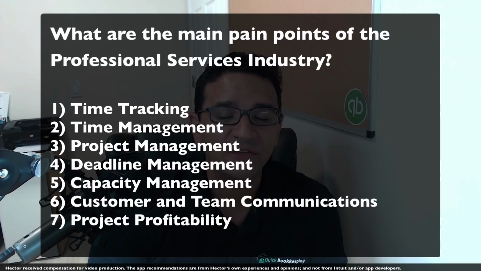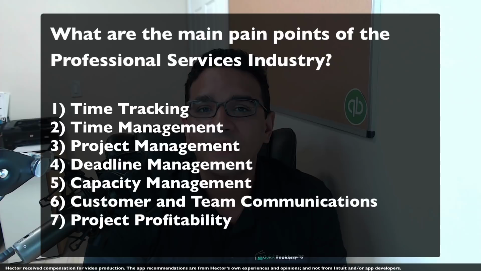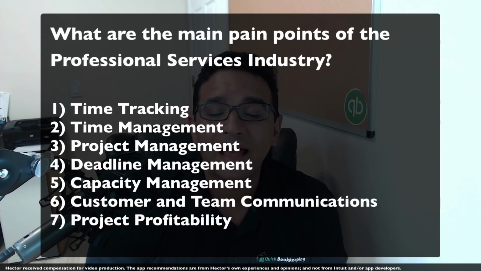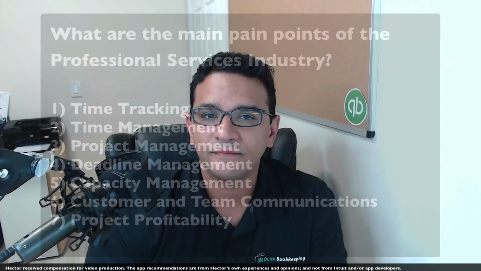Do I have enough resources and team members available to complete all these projects? Customer communication and inter-team communications, which generally tend to be the biggest culprit of repeat work and productivity drain. And lastly, project profitability based on the cost of their team members, which is also most likely to be the biggest cost for these type of companies.